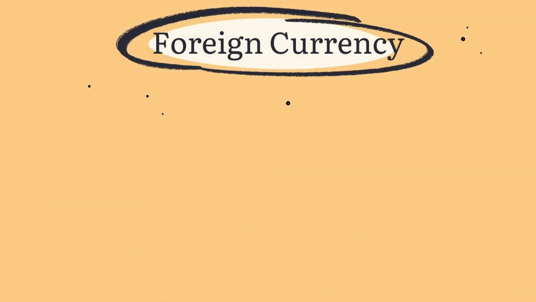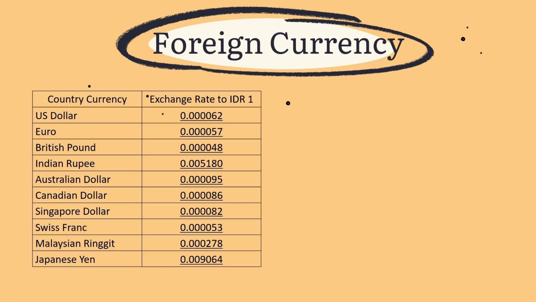Last topic of today's lesson is foreign currency. Different currencies are exchanged and converted around the world, so an accurate rate of conversion is needed. This table below shows some examples of values compared to 1 Indonesian rupiah.